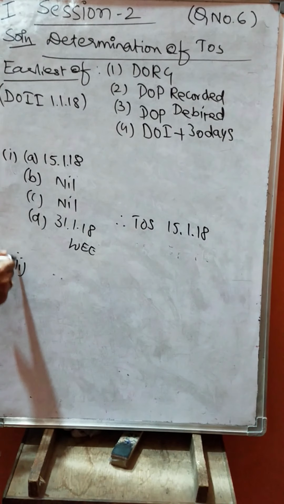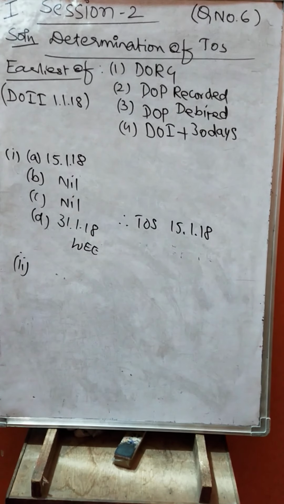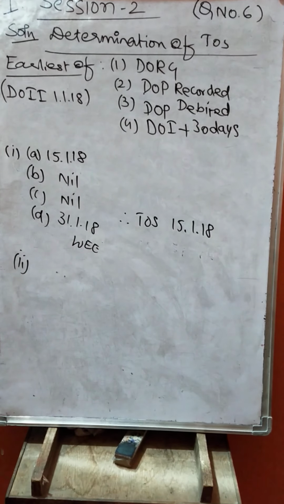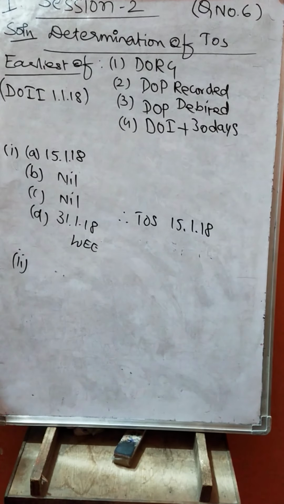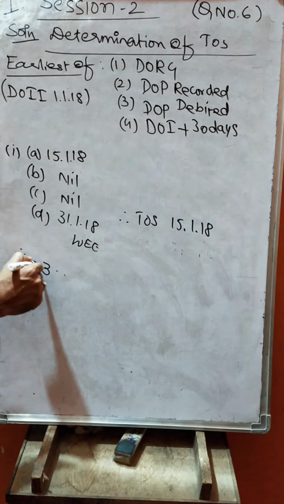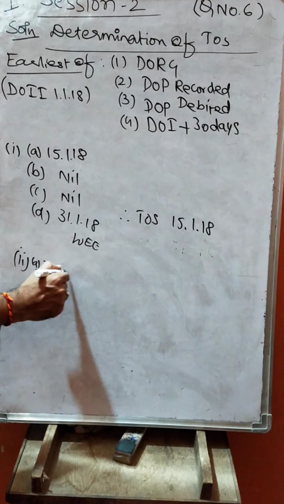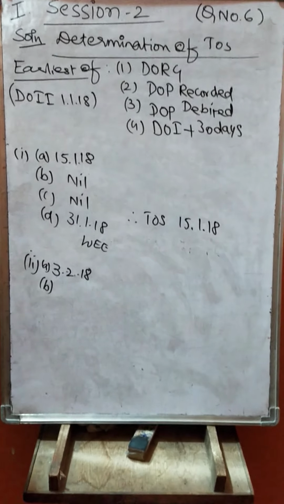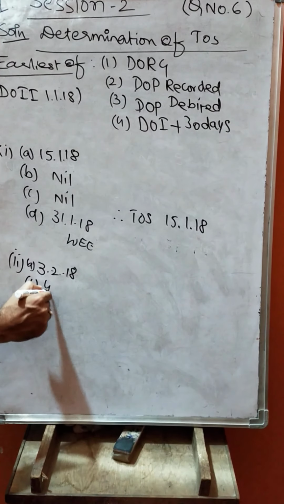So look at the second case. How many dates are given there in the second case? Second case they are given date of receipt of goods. Date of receipt of goods is given as 3rd February. Then point number B, that is payment made 4th February.